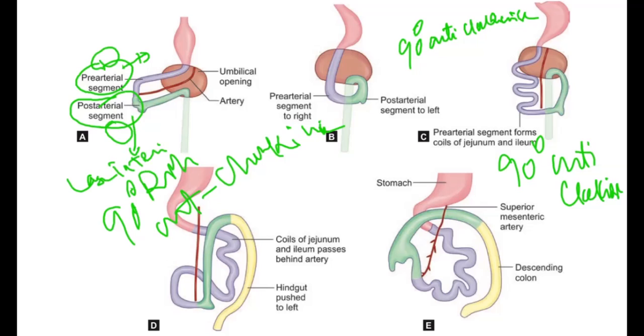So at first, this is pre-arterial and post-arterial segment, but after the first rotation, what happens is the prearterial segment is right to the artery, whereas the postarterial segment is left to the artery, okay.